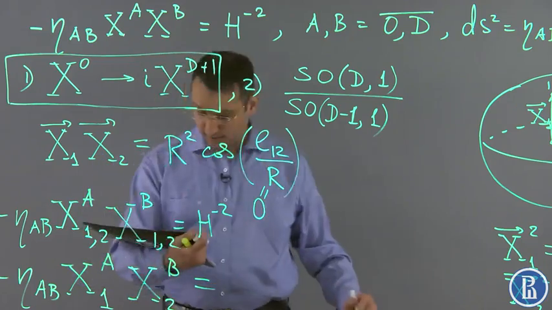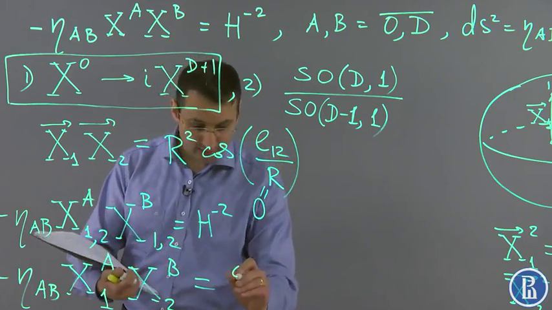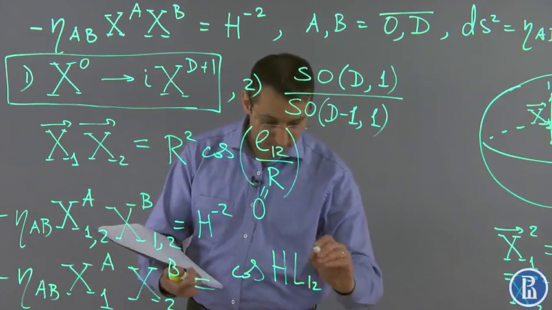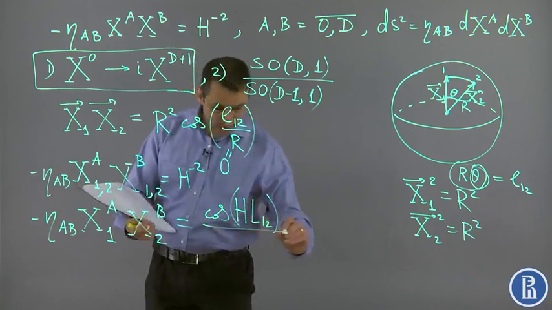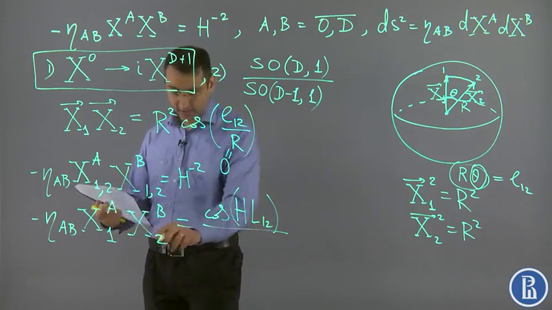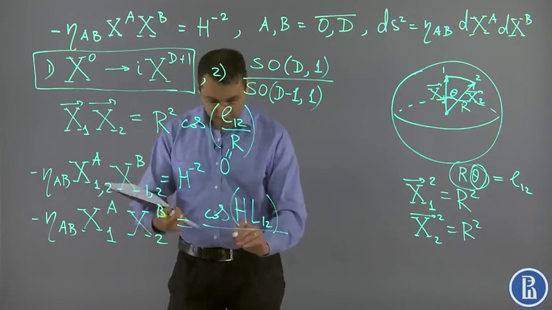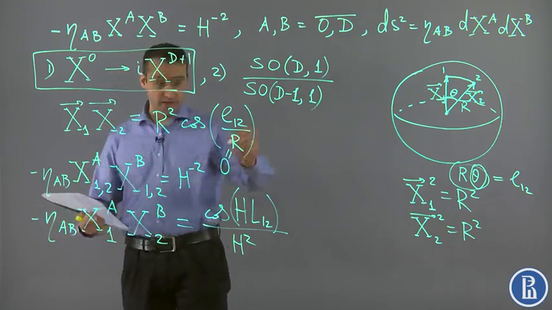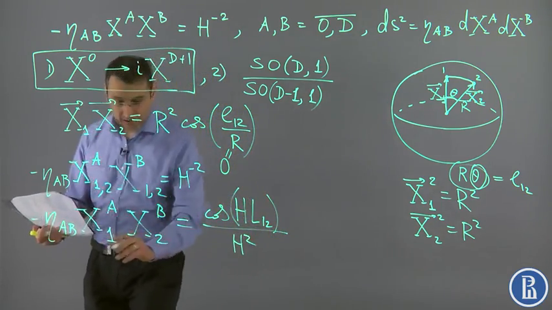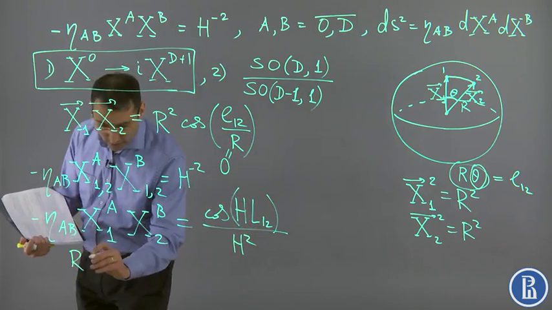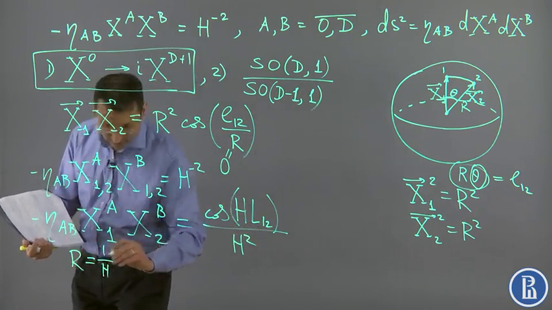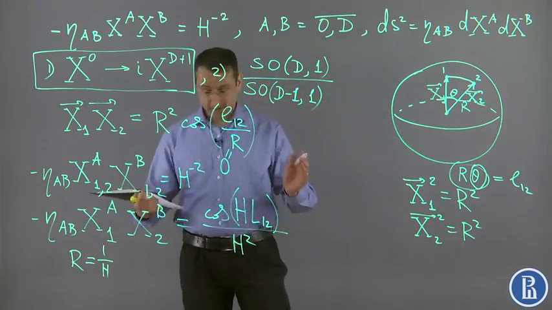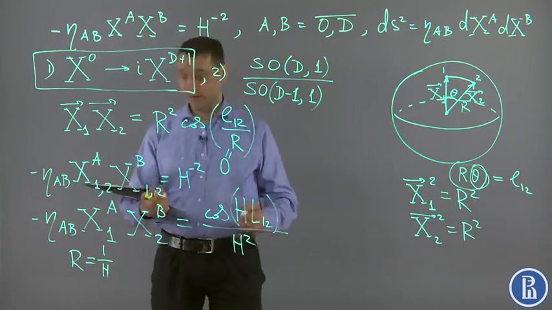We can define cosine of h times L12, where L12 is the geodesic distance between points on the hyperboloid, divided by h squared. This formula can be obtained from the previous one under the Wick rotation and change of r to 1 over h. So the thing is obvious in this case.